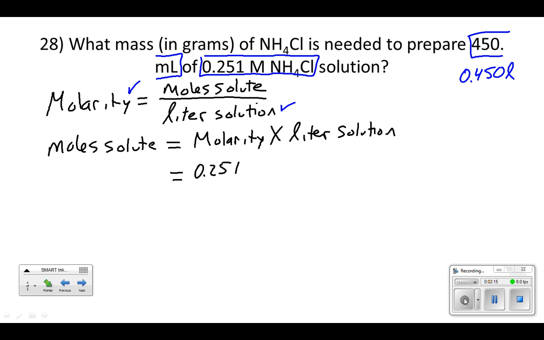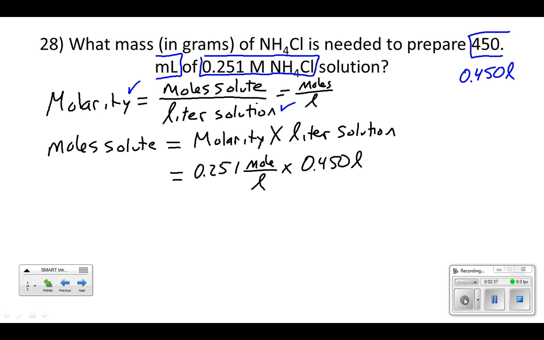Now, I'm not going to write the big M. Big M stands for moles over liters. Okay. So I'm just going to write it that way, moles over liters, times, and then liters of solution, which we figured just a minute ago, is 0.450 liters.